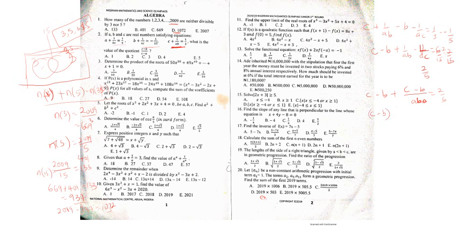Then we have 1 plus 1 over ABC, and that will give us 2 over 5. So that's that. Okay? So I've been able to get C minus B.